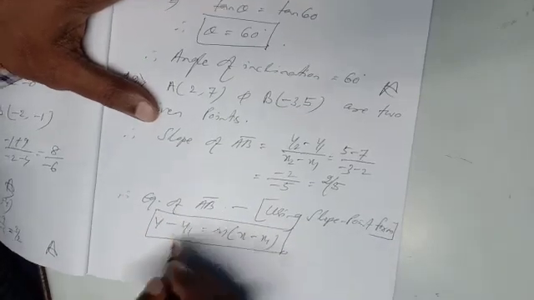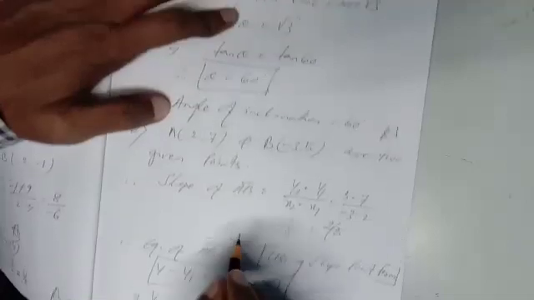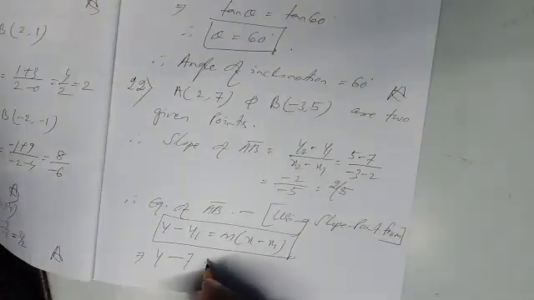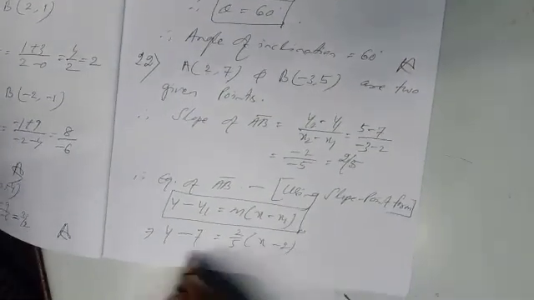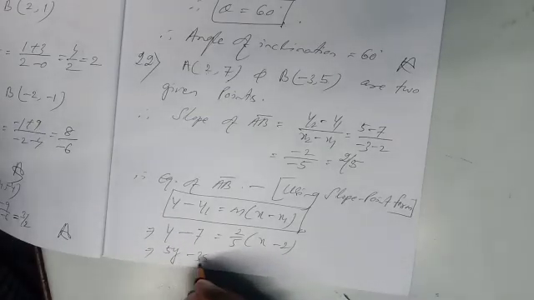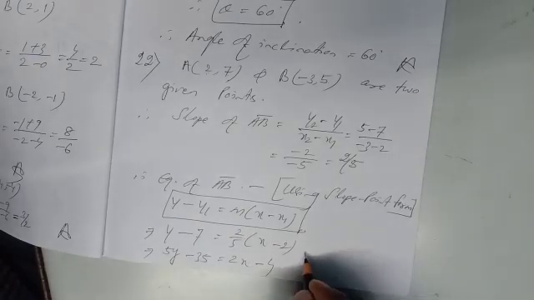This is the slope point form. Taking the first point (2, 7), y minus 7 equals 2 by 5 times x minus 2. After simplification, how much will you get? This is 5y minus 35 equals 2x minus 4.